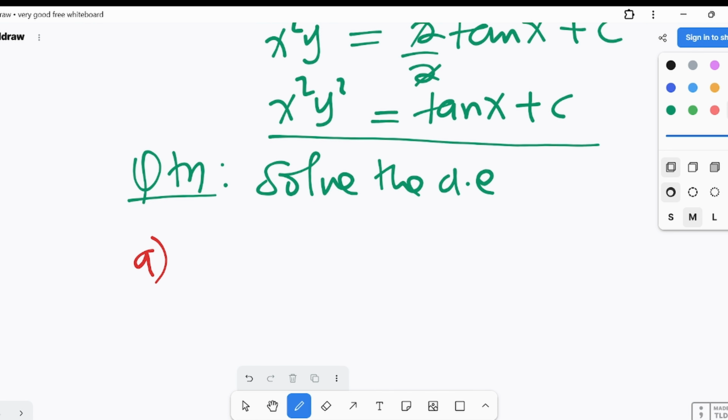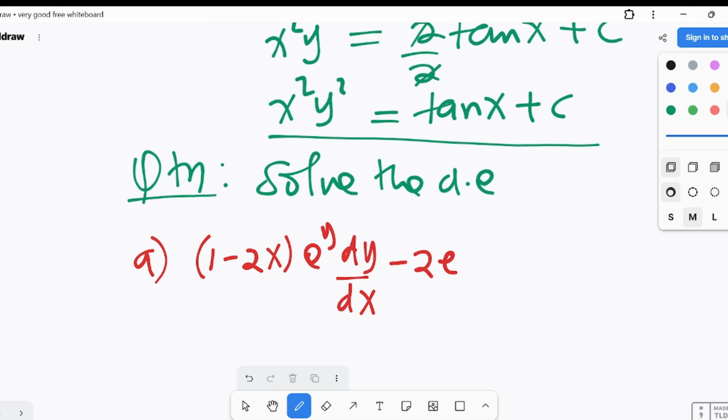Number 2 says you have 1 minus 2x e of y dy by dx, and then minus 2e of x is equal to sec square x b.